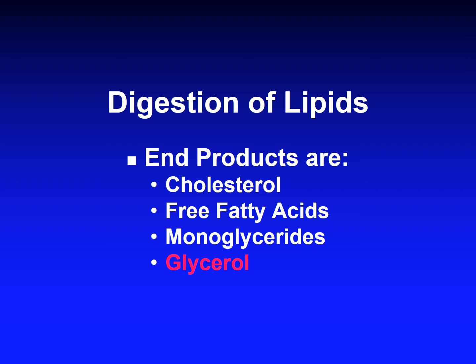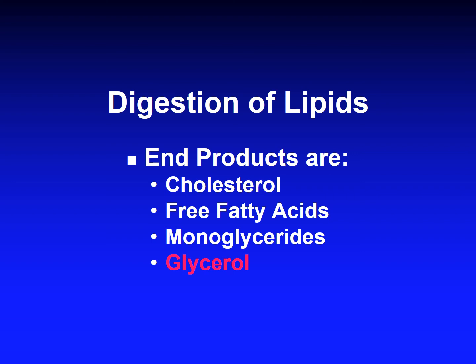Now the third and the last component of nutrients, which is fat. The end products of fat digestion are cholesterol, free fatty acids, monoglycerides, and glycerol. Just like the end products for carbohydrates are glucose, galactose, and fructose, and free amino acids and maybe di and tripeptides are the end products for protein digestion.